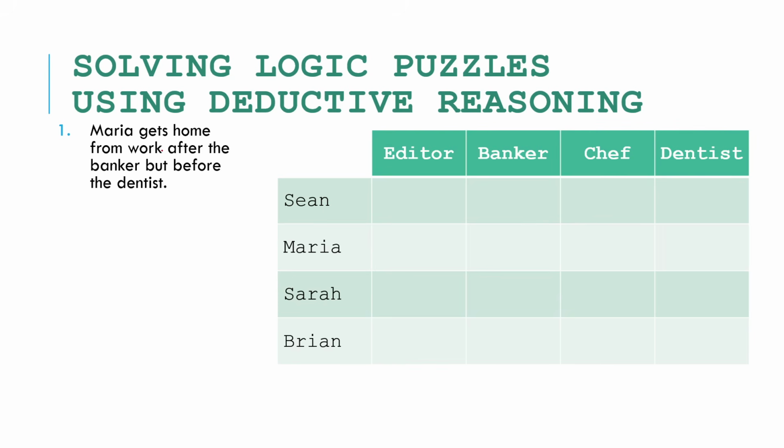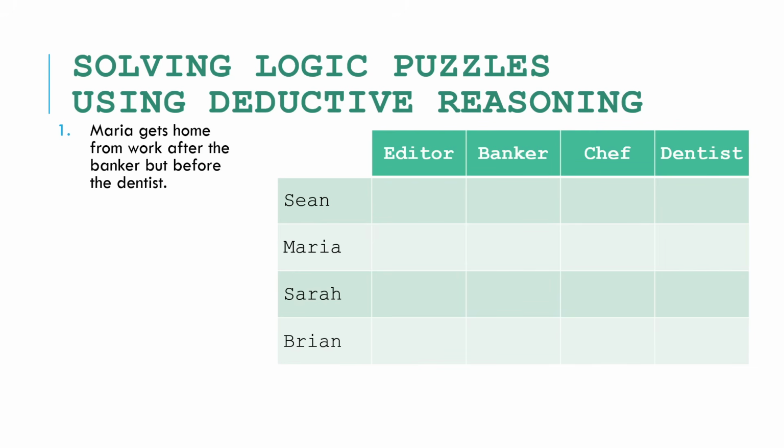Whenever we hit a clue that tells us that this person cannot be the banker or cannot be the specific occupation, we put an X on the cell that represents that person and the occupation, the intersection between the occupation and that person. Okay, for the first clue, Maria gets home from work after the banker but before the dentist. Now, from this clue, what can we deduce?